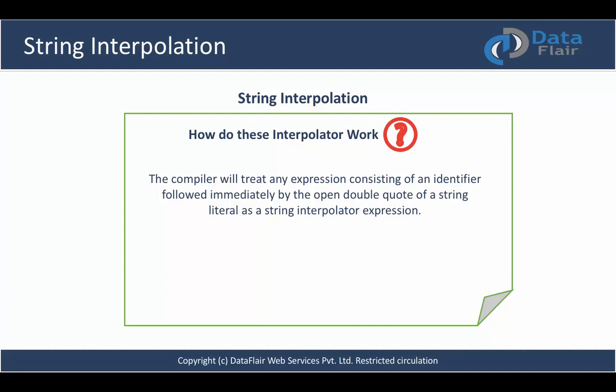The Scala compiler treats any expression consisting of an identifier, that is the interpolator in our case, followed immediately by the open double quote of a string literal, as a string interpolator expression. And we can also define our own interpolators, but we will not talk about that today.